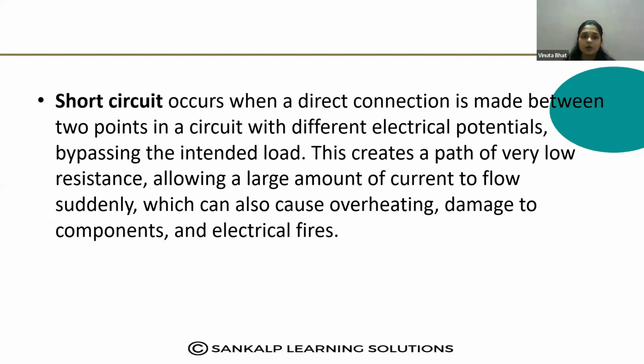Then short circuit occurs when a direct connection is made between two points in a circuit with different electrical potentials. By bypassing the intended load, this creates a path of very low resistance, allowing a large amount of current to flow suddenly, which can cause overheating, damage to the components and electrical fires. So that is the answer.